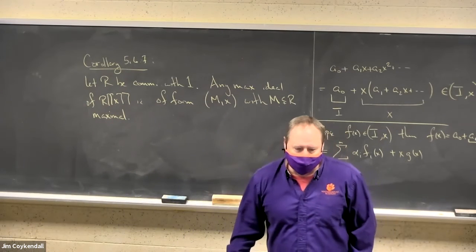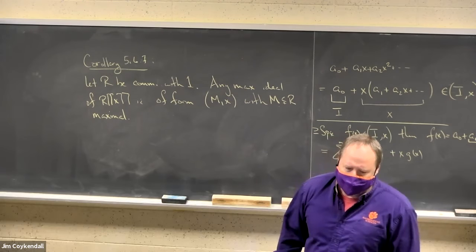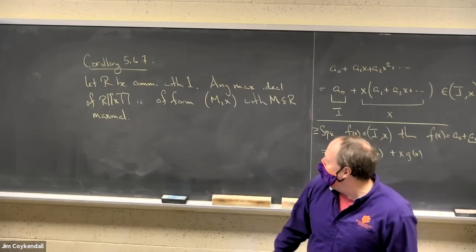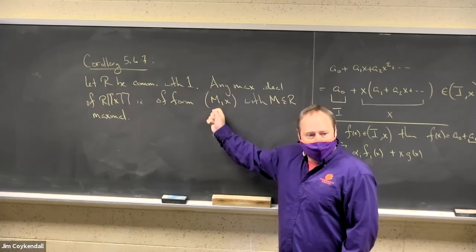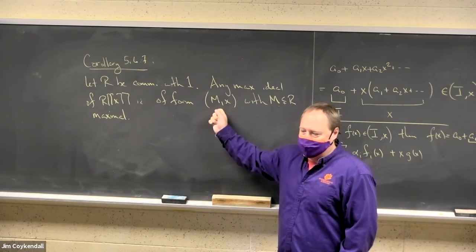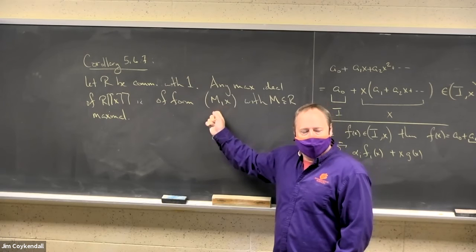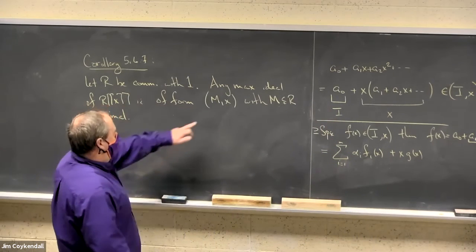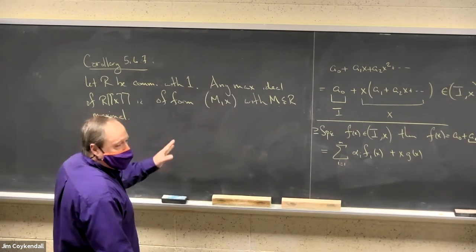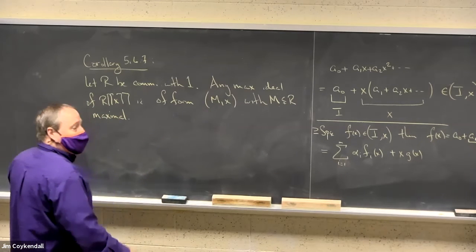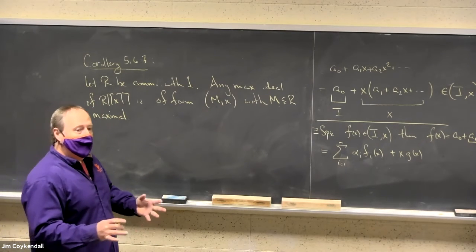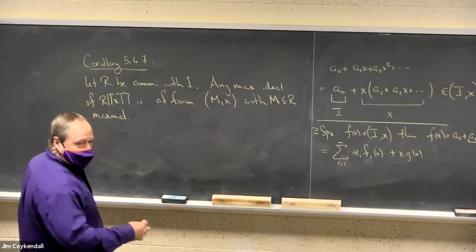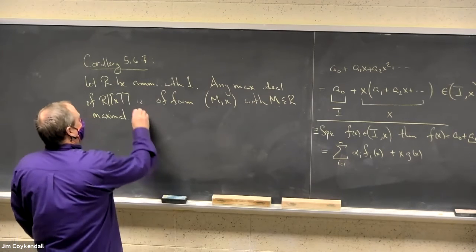For polynomial rings, these are all maximal ideals. It is true, but polynomial rings have many, many more. For power series rings, all of the maximal ideals are of this form, and that is one of the very rare instances where power series actually behave in a nicer fashion than polynomials do.